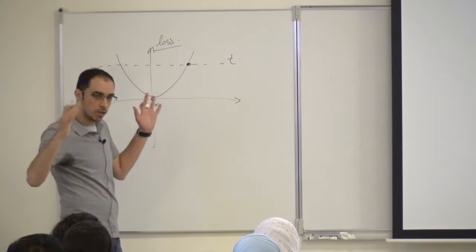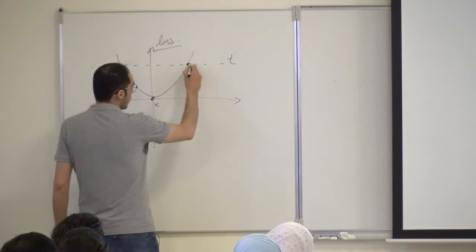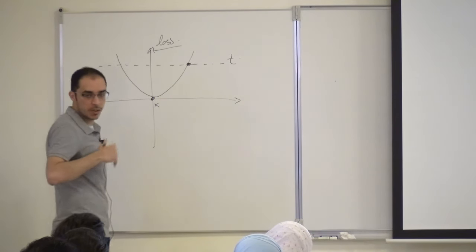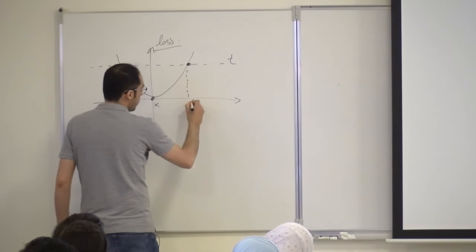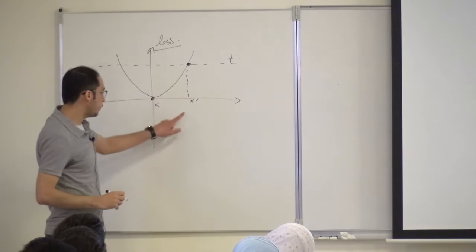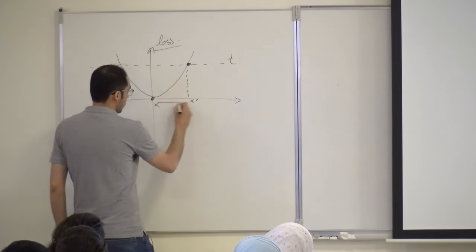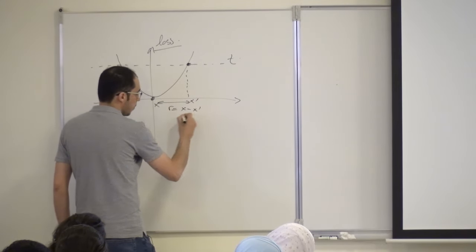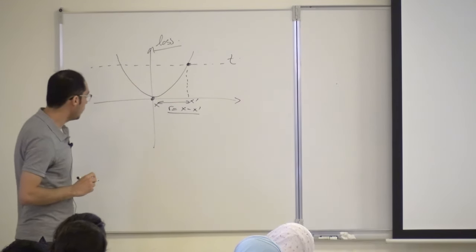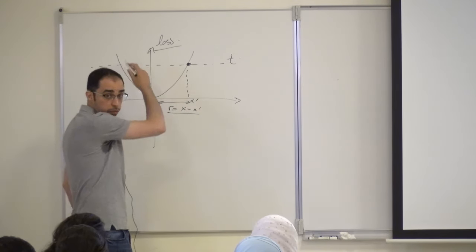When the loss gets too large, at some point it gets misclassified, correct? So this is the threshold after which things become misclassified. This is x prime, and x prime is of a different class than x. So the adversarial perturbation is going to be this one, right? This r is going to be x minus x prime, okay? So that's the robustness to adversarial perturbation of this specific classifier.